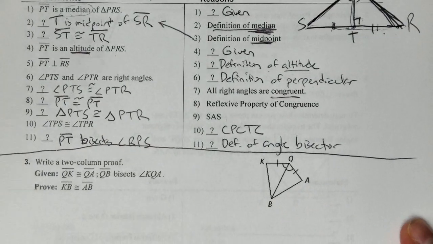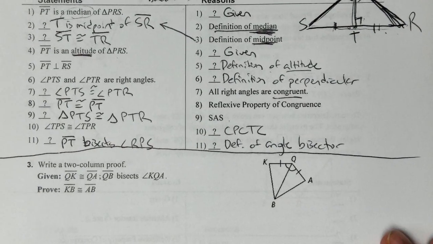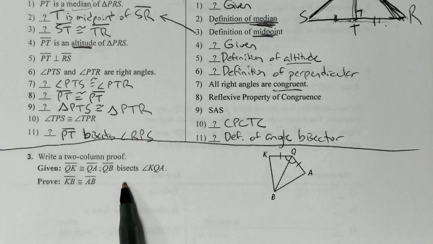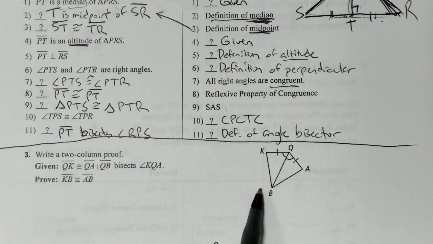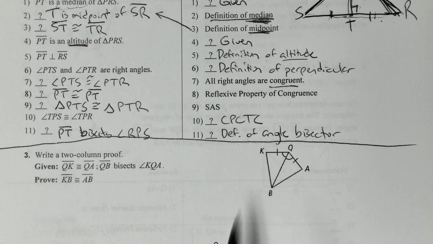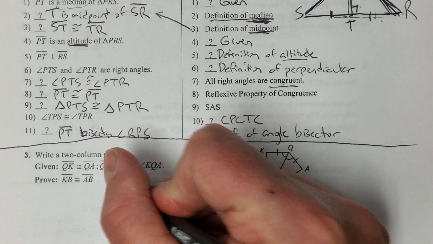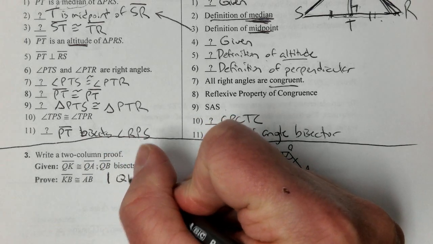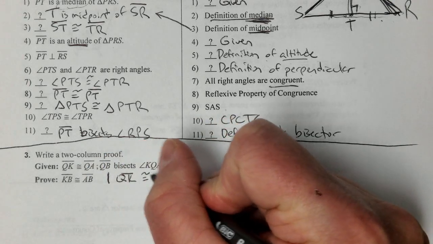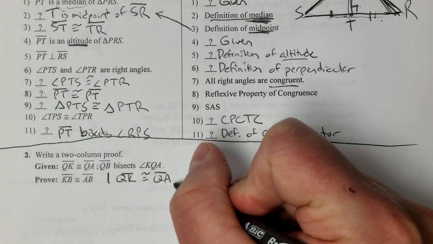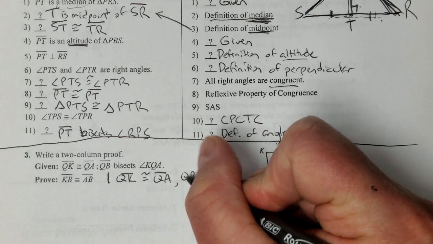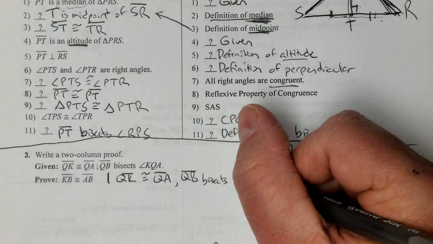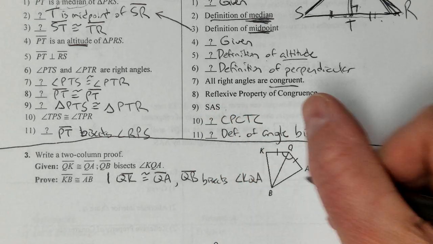Let's just move that up a little bit. Okay, the next part says write a 2-column proof for this one. This will be shorter. It'll just be 5 statements. The first one is your QK congruent to QA and QB bisects angle KQA.